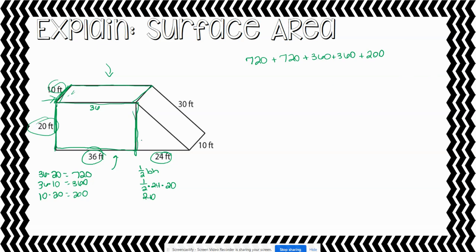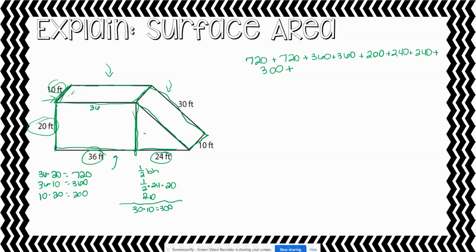Now, there are two triangles because there's one here, but there's also one on the back that you can't really see. So I need to add 240 two times. Now, I still am not finished. I have this rectangle right here, and this is going to be 30 times 10, which is 300. There is only one of those, so I'm adding 300 just one time. And then I have one more shape.